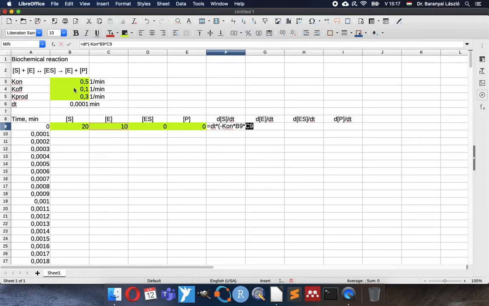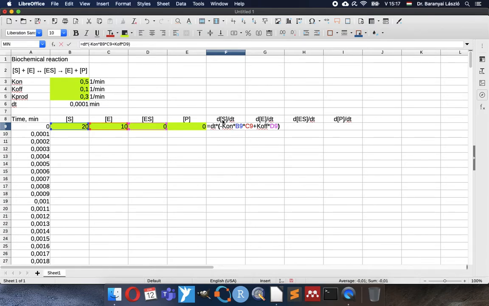It is decreasing the value, and in the reverse direction it is increasing the substrate. Key off multiplied by the enzyme substrate. Okay, so now you can see how the reaction calculation looks like.